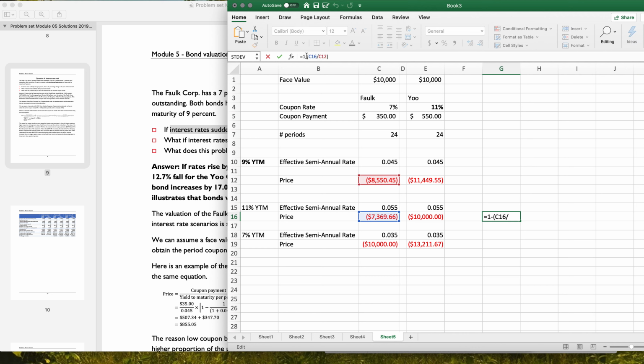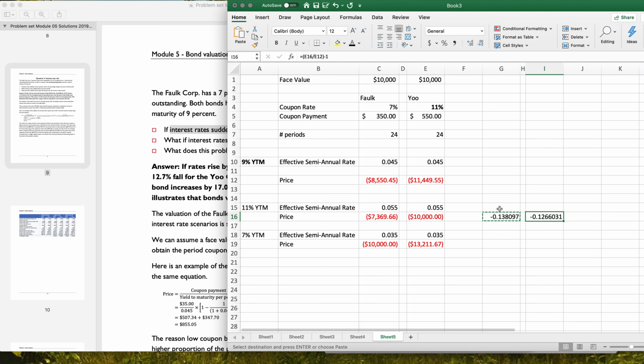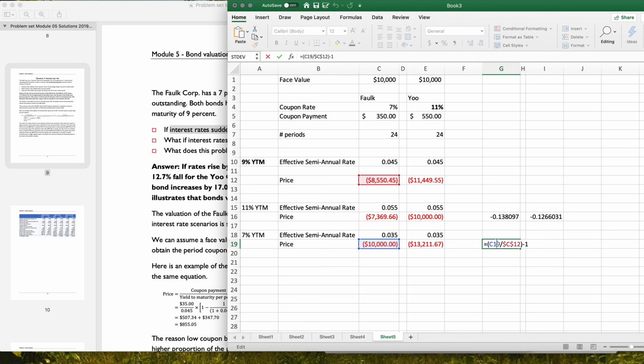Technically speaking, that should be a negative, so let's add it to the end. And let me lock this cell so I don't have to deal with that again. Okay, that should be right. The price goes down by 13% when the interest rate bops up by 2%. The price here goes down by 12%.